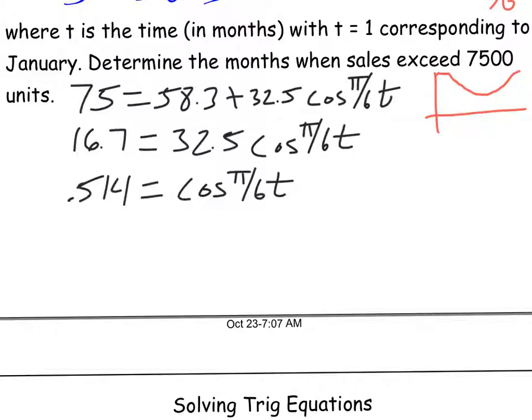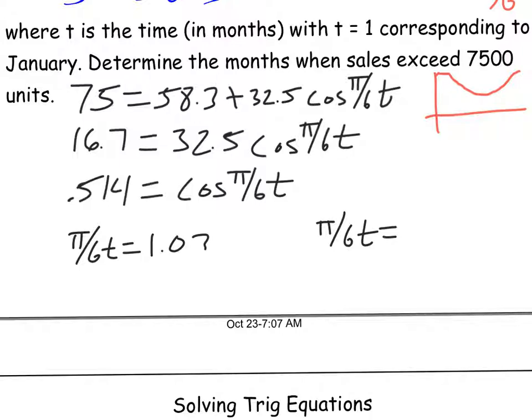But we get to this point because it's time to use inverse cosine. Okay, inverse cosine of 0.514. Straight up just from the calculator. That's a number you should just copy down.